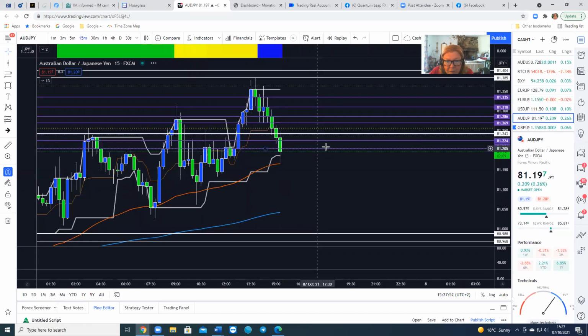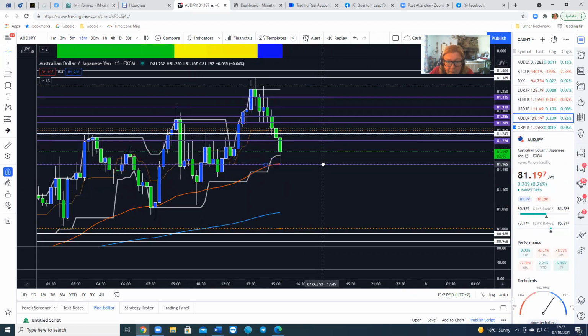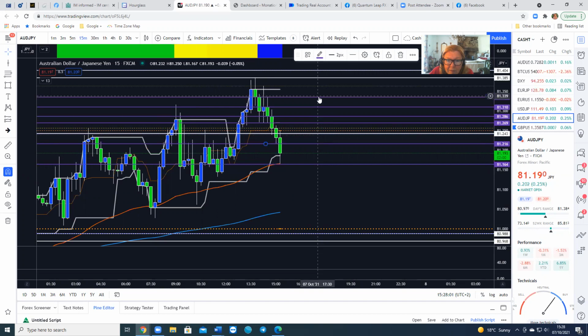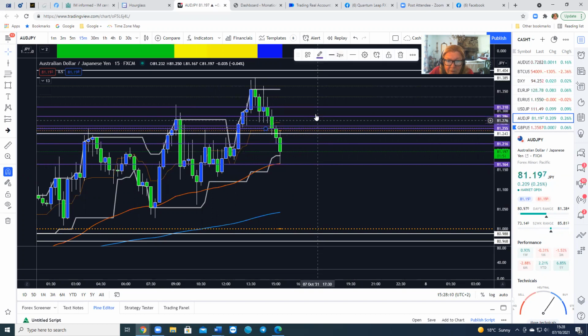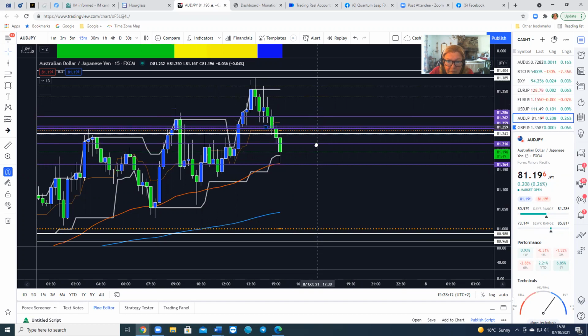Let's go to our 15 minutes, just move our lines. Purple I use for this, just so we've got them correctly positioned. You can see where price is, you can't use that because it's currently moving. That's right on the quarter theory, so we can put that there.